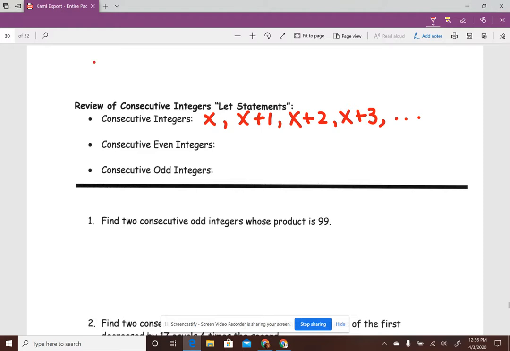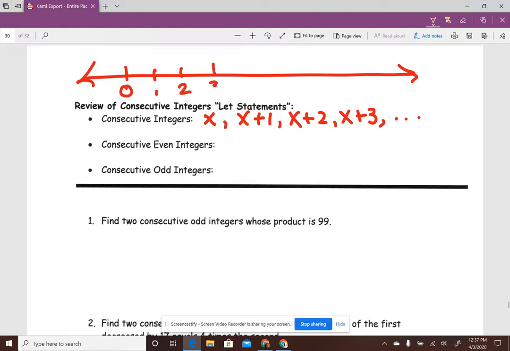You can always think about a number line. So if I had 0, then 1, then 2, then 3, then 4, how do I go from 0 to 1? I add 1. How do I go from 0 to 2? I add 2. Okay? So consecutive even is a little different. You're going to start with x, but this time you're adding 2, and then adding 4, and then adding 6.